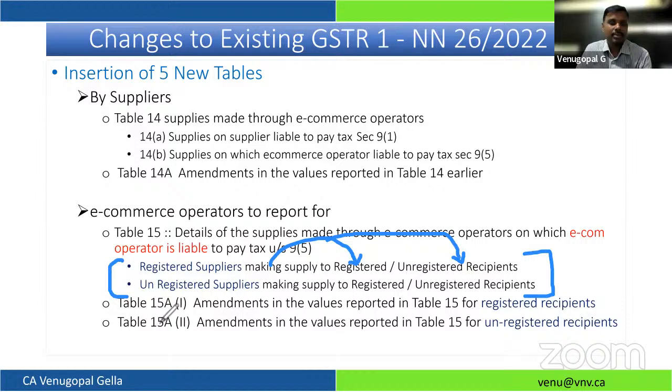Second, an unregistered person. We have the recent council amendment where the council has permitted that even unregistered persons can make supplies through the e-commerce portal. And because there is a supply made through the e-commerce portal, there was a special procedure which they have brought in. This is applicable only for supply of goods.